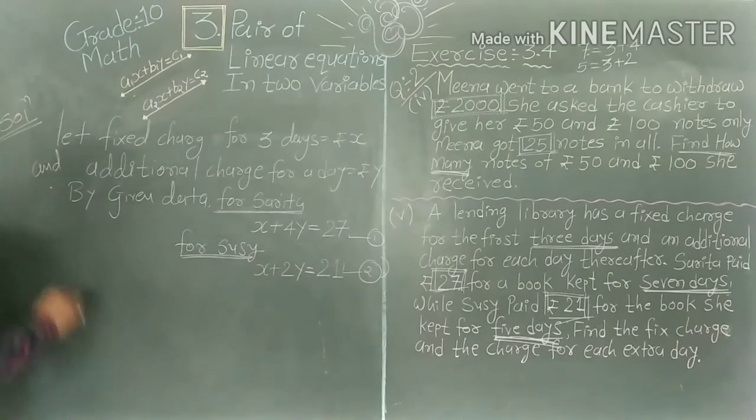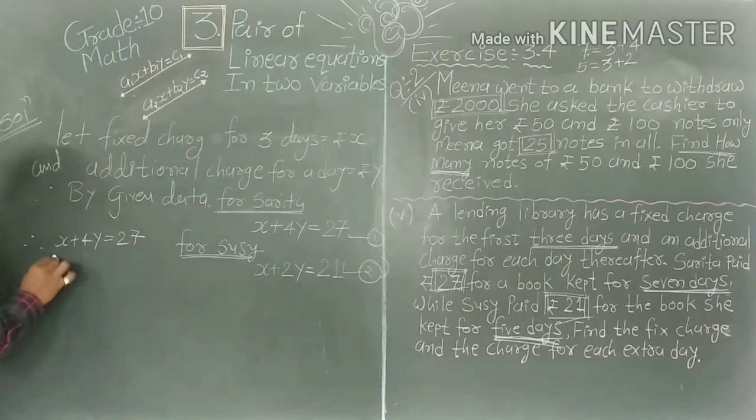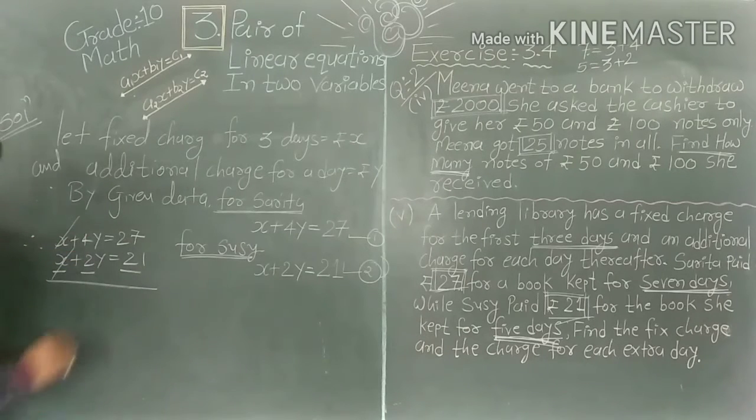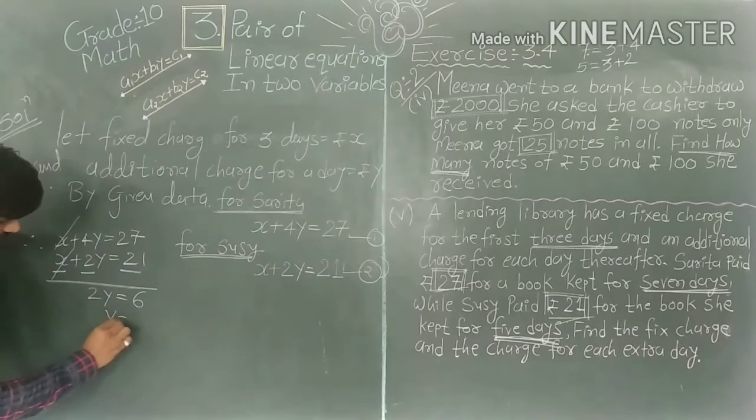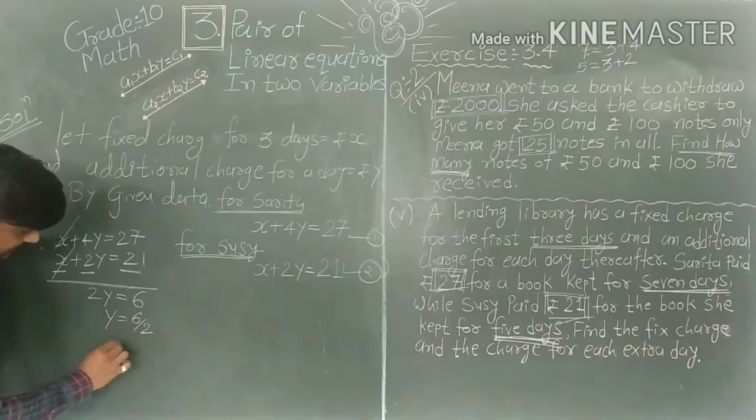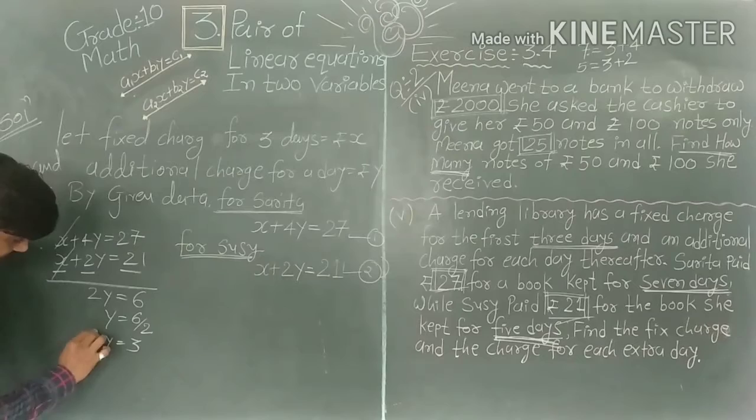X plus 4Y is equal to 27, X plus 2Y is equal to 21. Change the sign, here X cancels. 4Y minus 2Y is 2Y, and 27 minus 21 is 6. Therefore, Y is equal to 6 upon 2, that means Y is equal to 3.